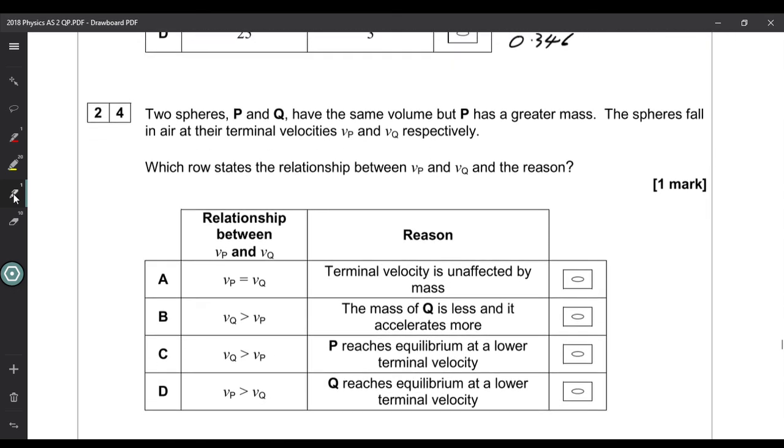So in 24 we're told that two spheres P and Q have the same volume, but P has a greater mass. The spheres fall in the air and their terminal velocities Vp and Vq respectively, which for us states the relationship between Vp and Vq and the reason.